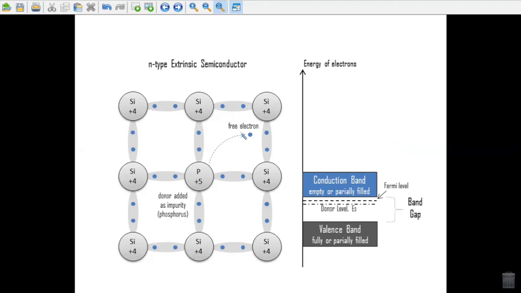This electron leaves the atom and is free to move in the germanium lattice. Such an electron behaves as a conduction electron. In terms of the band theory, this process may be understood as follows. The energy levels of the fifth electron of the impurity atoms occupy positions between the valence band and the conduction band.